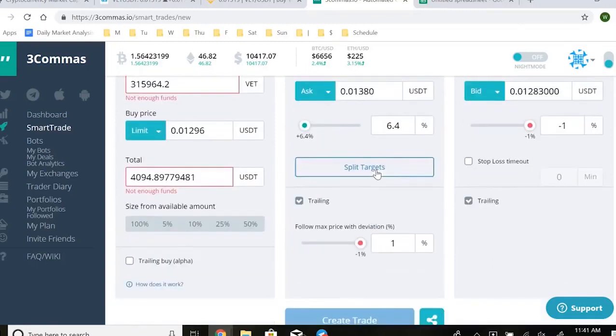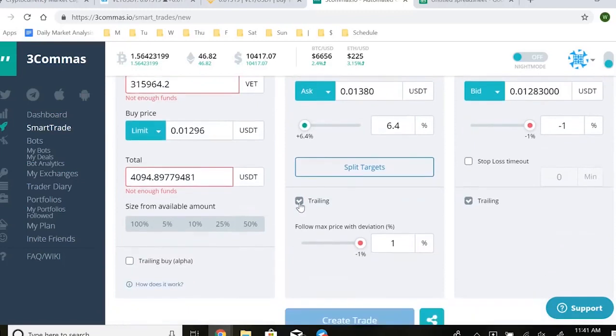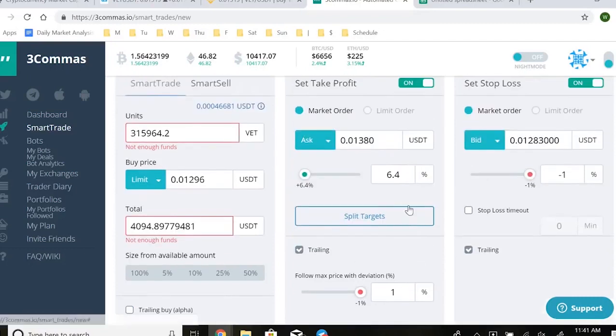With 3 Commas, it actually automates the whole process once you set the rules using the API key. So now that we did that, there's one other thing that I wanted to do, which is actually check off the trailing box and then follow max price with deviation minus 1%. Now what this actually does is as the price of the asset continues to rise, it will actually trail your order to sell to take profit.